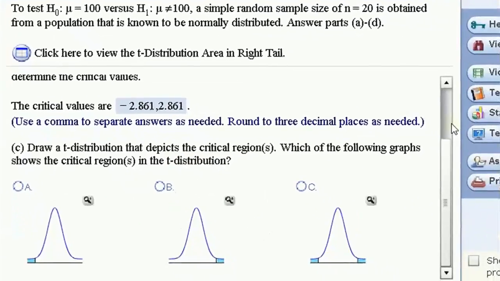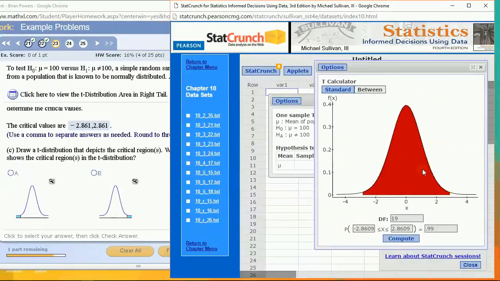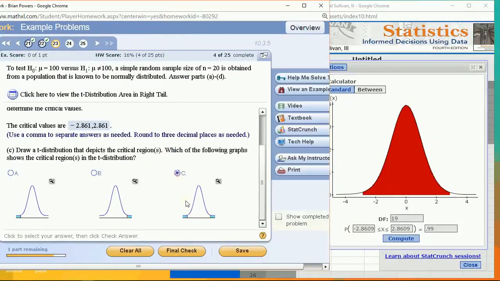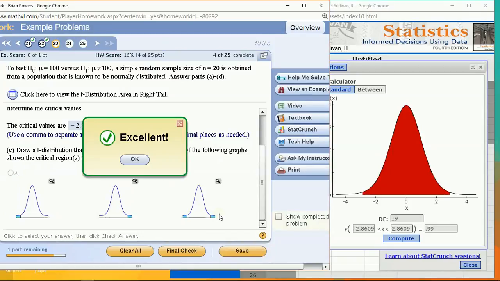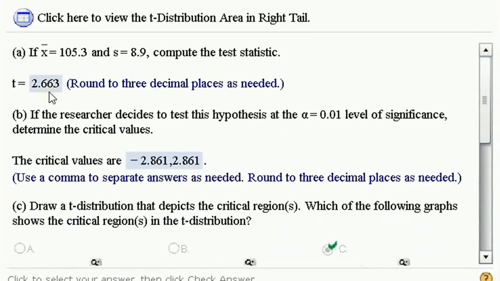And what does this picture look like? Now remember, in the picture I got over here, the critical region is the white part, not the red part. So what I want is this. This is what a two-tailed critical region looks like. So we want to compare now what my test statistic was, 2.663.